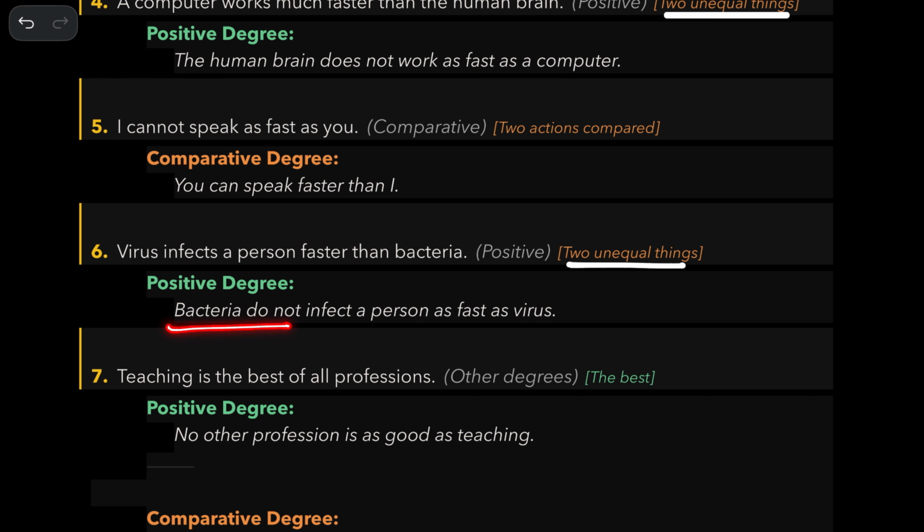Bacteria, this is a plural noun, right? Bacteria do not infect a person as fast as virus. Okay, teaching is the best of all professions. So this is the best pattern, the first pattern. So no other profession is as good as teaching.